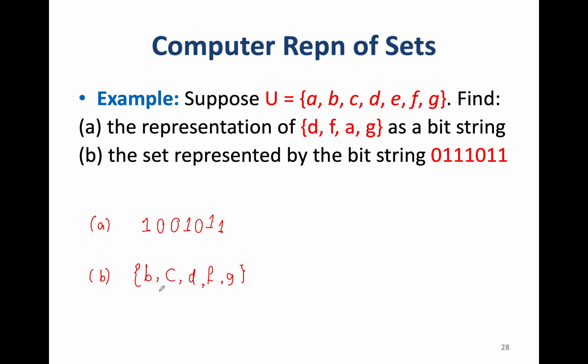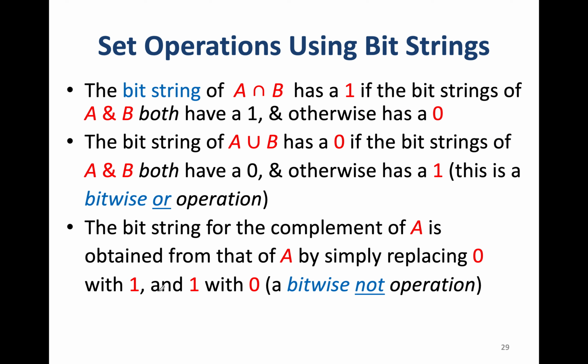Okay, now we saw how we represent a set in the computer. Now let's see how we can represent these set operations. And as you remember, our set operations are union, intersect, complement, and difference. Now the bit string of A union B will be 1 if the bit string of A or B has a 1.